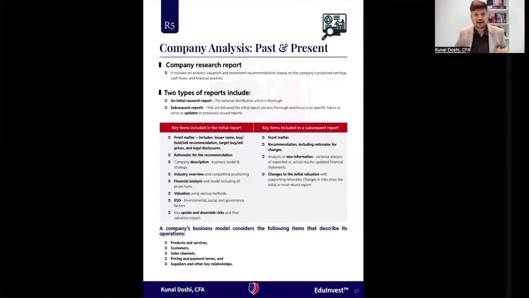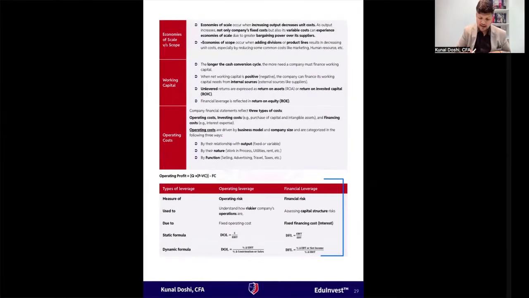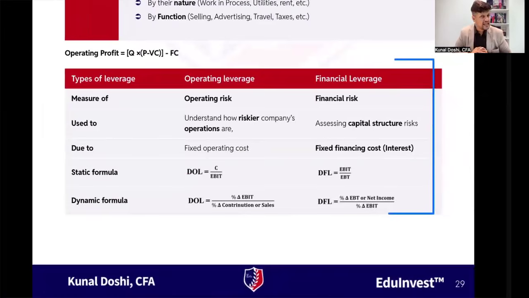Now, everyone, in reading number 5, there is an important element which is very rarely discussed, rarely asked, but let's do it. We use the operating profit in a different way, with fixed and variable cost. Based on that, the two important ratios are degree of operating leverage and degree of financial leverage.